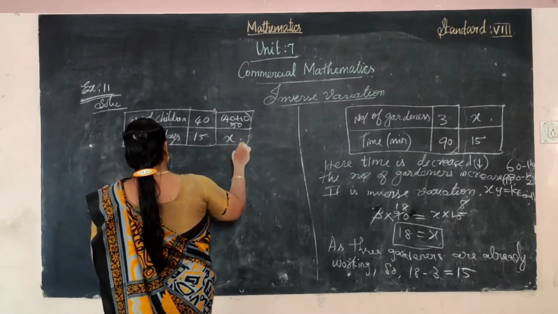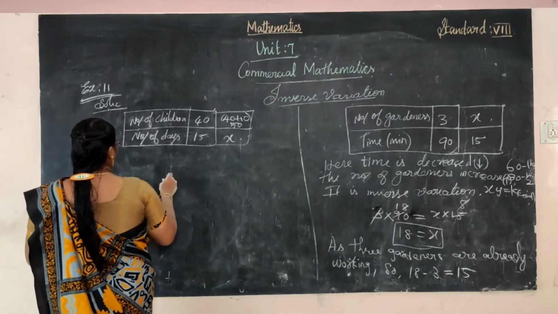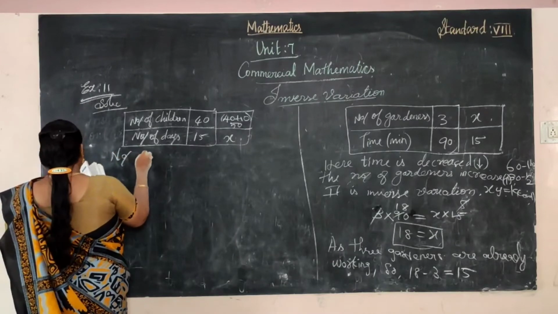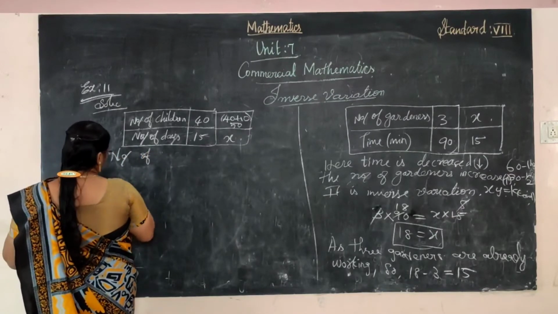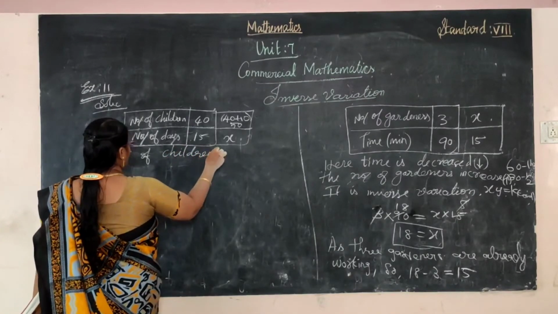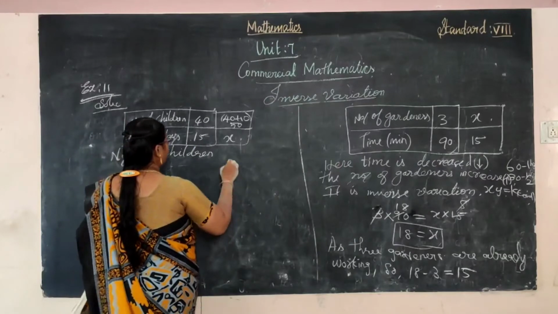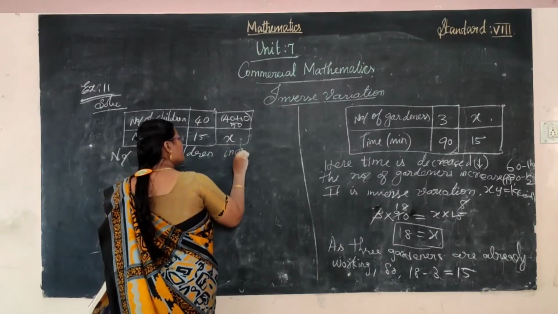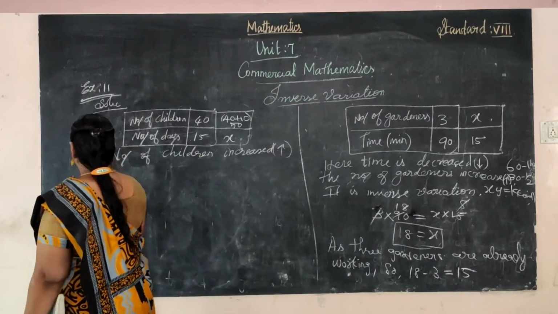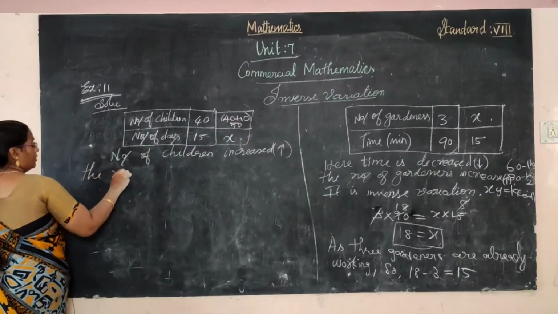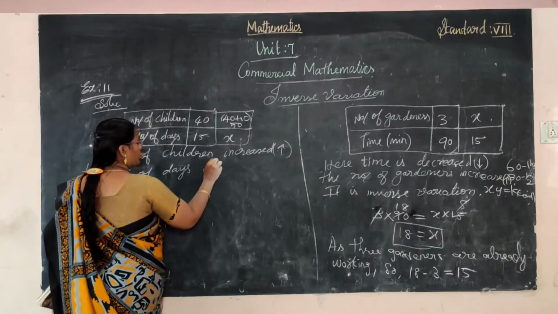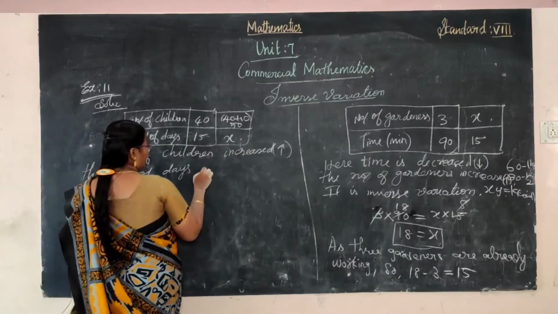You have to find out the number of days. So number of children increased, then number of days decreased.